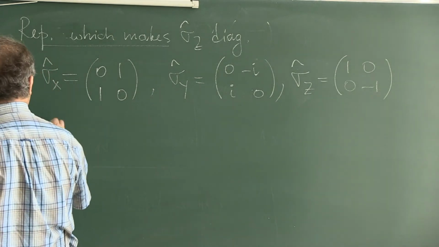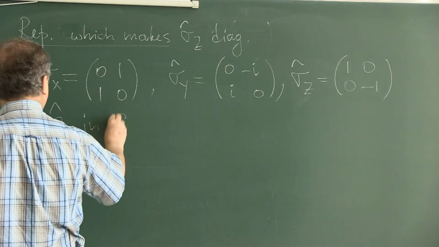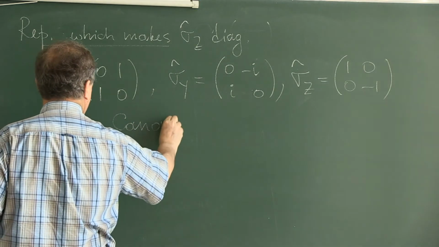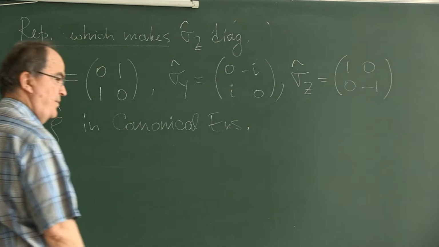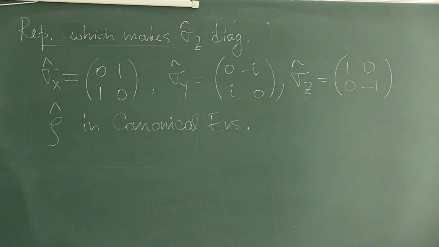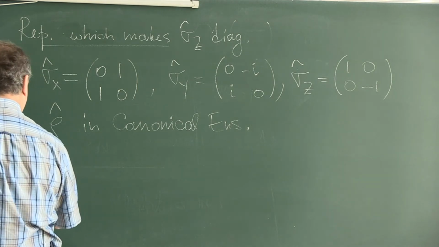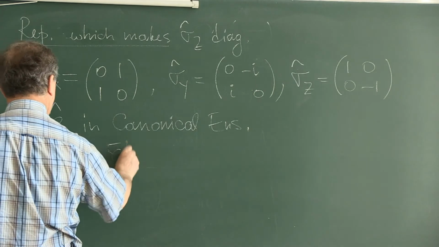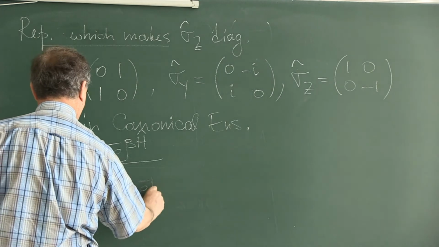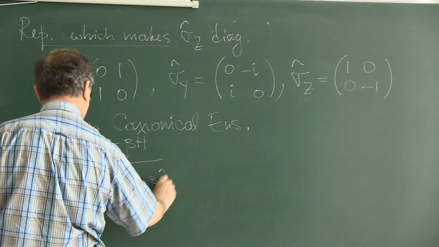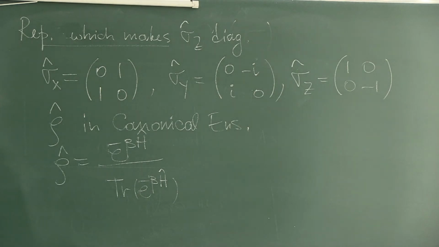Density matrix, rho, let's take it in the canonical ensemble. We know its form in that ensemble explicitly. Rho is e to the minus beta H over trace of e to the minus beta H. Trace is the sum over diagonal elements, which is the partition function.